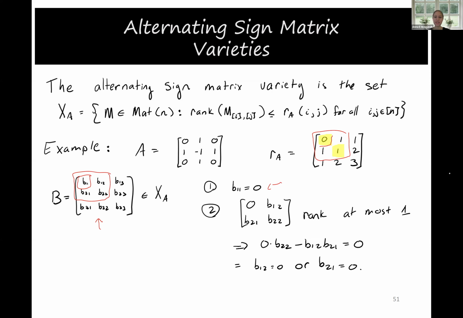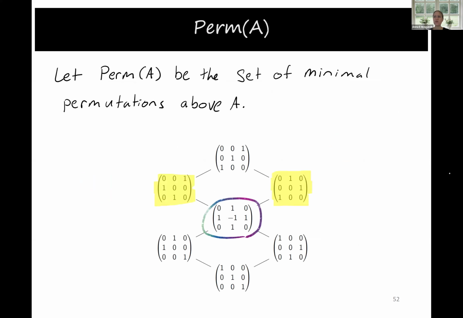And so we can compute this determinant, we get 0, which is what it means to vanish. And then this term goes away. And we really get down to this condition that B12 equals 0 or B21 equals 0. So we can puzzle apart what this variety looks like by analyzing these rank conditions. But there's also ways to think about them in terms of this poset of ASMs.